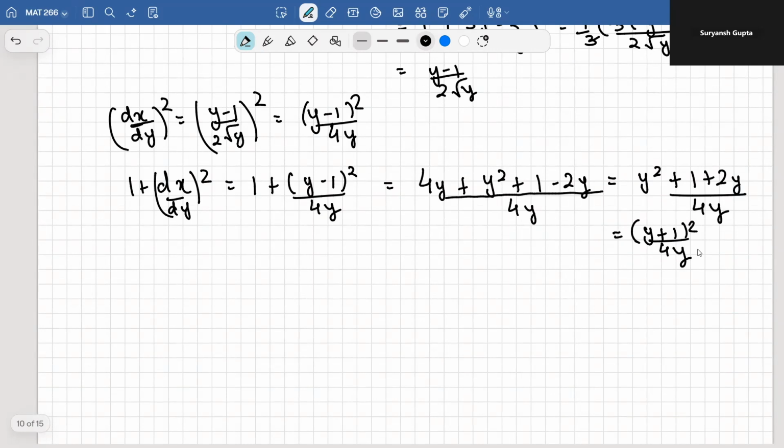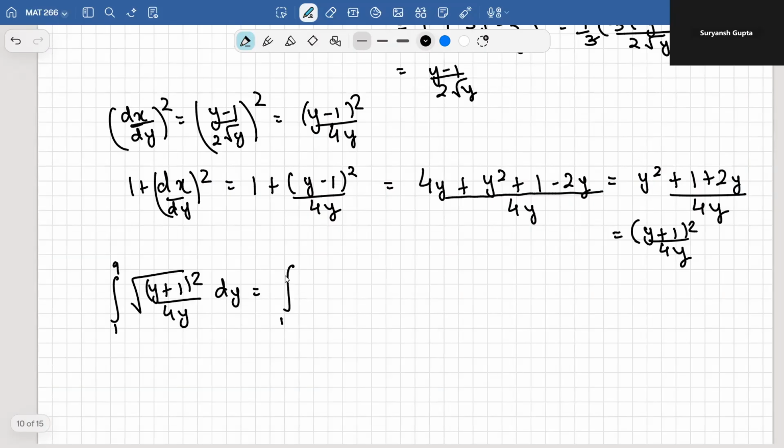divided by 4y. Now that I have found everything under the root, which is 1 plus dx over dy whole square, I can go ahead with the integration. So I get the integration from 1 to 9 of square root of y plus 1 square over 4y dy.